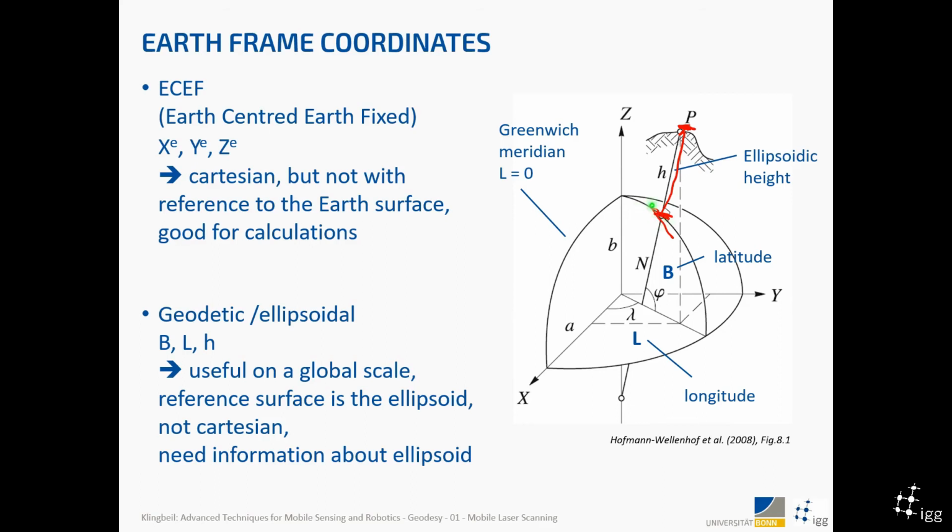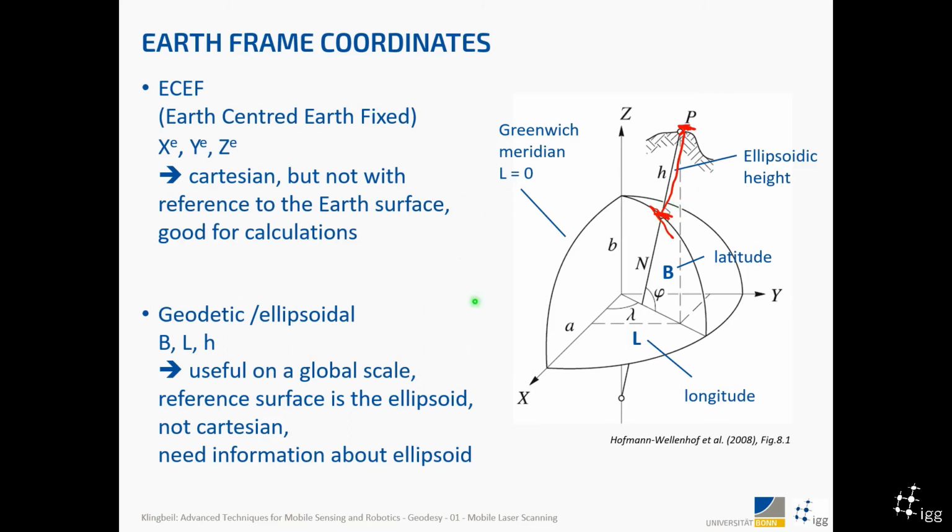So it's not nice to calculate with those values. And the other thing is that, of course, because the reference surface is an ellipsoid, you need the definition of the ellipsoid, and there are multiple of those, as we see later, right?